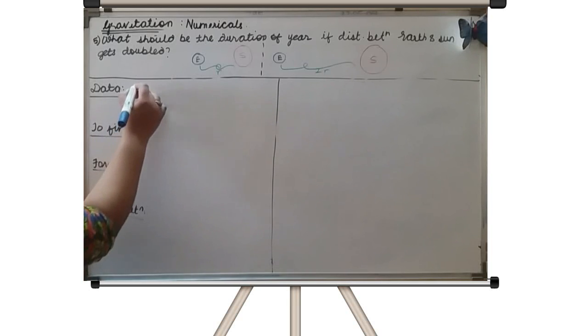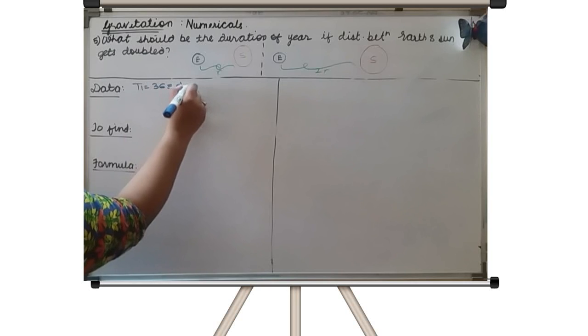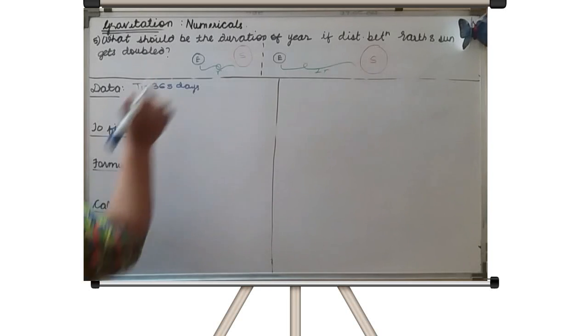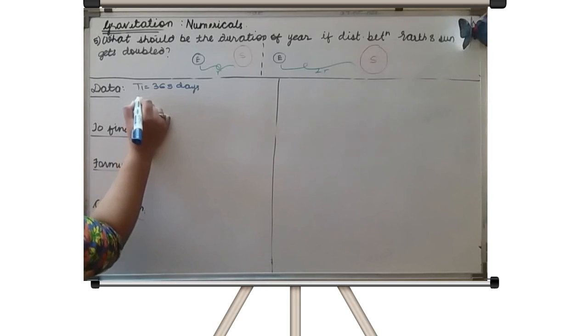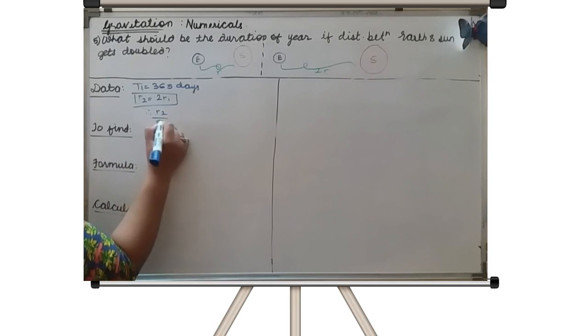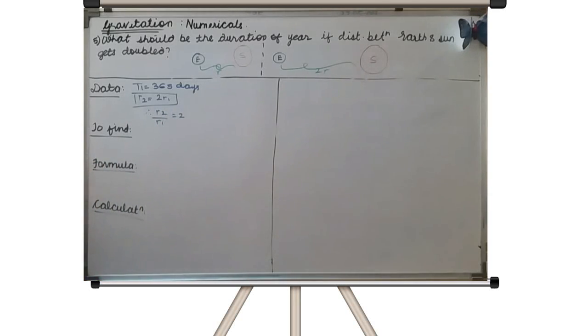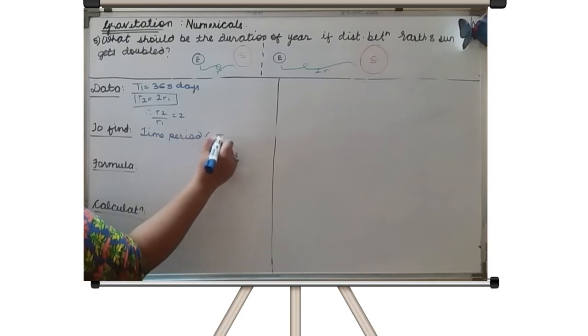First, the time of the year at this distance is 365 days. The condition given to us is that the second distance is double the first distance. That means we get the ratio R2 upon R1 is equal to 2. Correct? We have to find the second time period, T2.